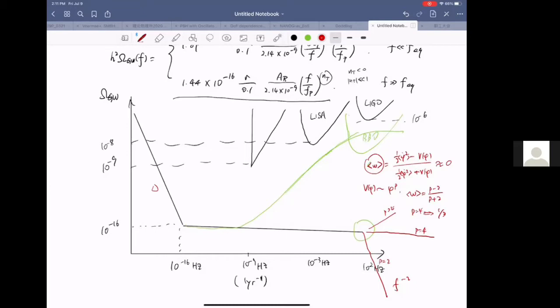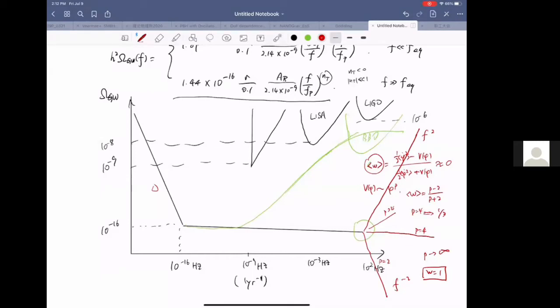The extreme value is that p goes to infinity, which means that you have a potential that is exponential. So in that case, this w is 1, and you have a tilt that is proportional to the frequency squared, if I remember correctly, or let me just check. I have the calculations somewhere, but I don't want to go into details.